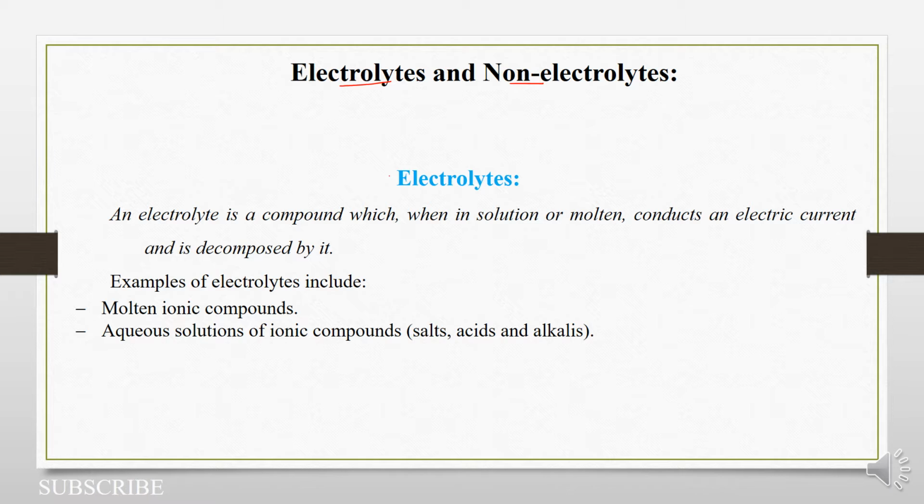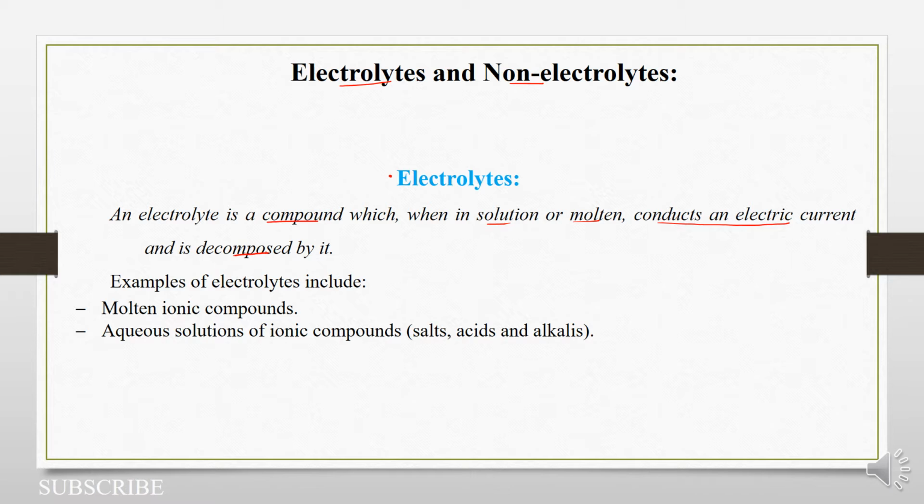Now, electrolytes are compounds which, when in solution or molten form, conduct electricity, and they tend to be decomposed or broken by it. What do we mean by that? We shall see what we mean by decomposed by it.